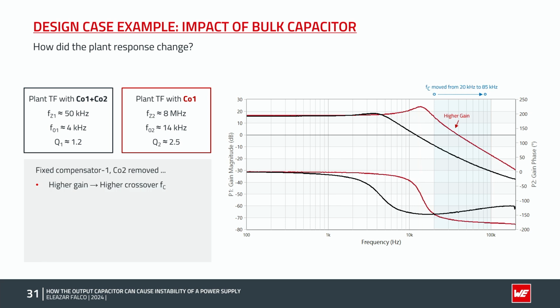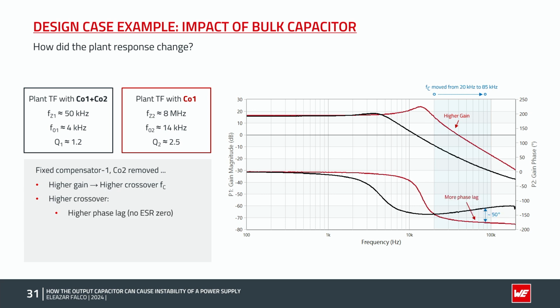So when we remove the bulk capacitor, the plant response changes in a way where it now has higher gain for frequencies higher than around 5 kHz, and with the compensator fixed, this shifts the crossover frequency of the open loop transfer function to a higher value. As we have seen, it moved from 20 kHz to around 85 kHz.